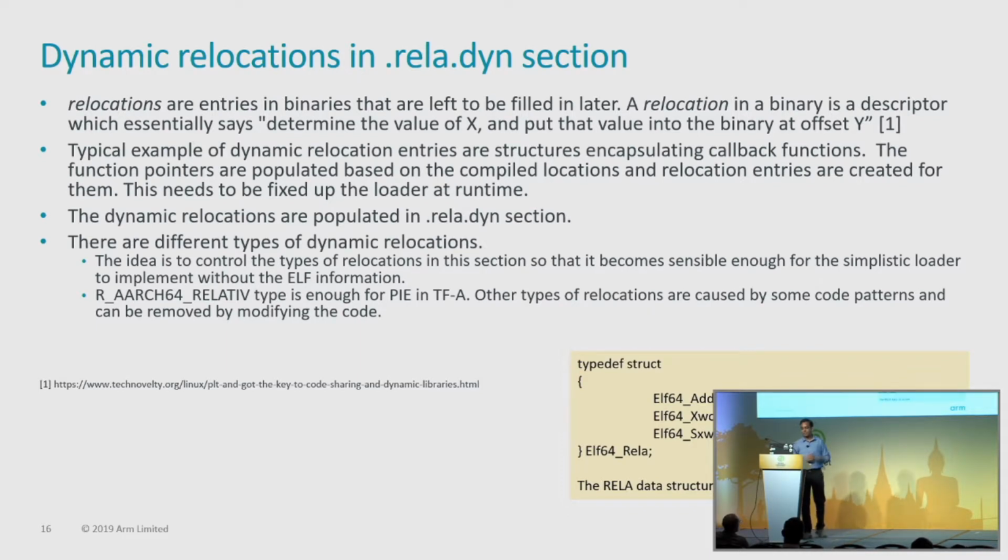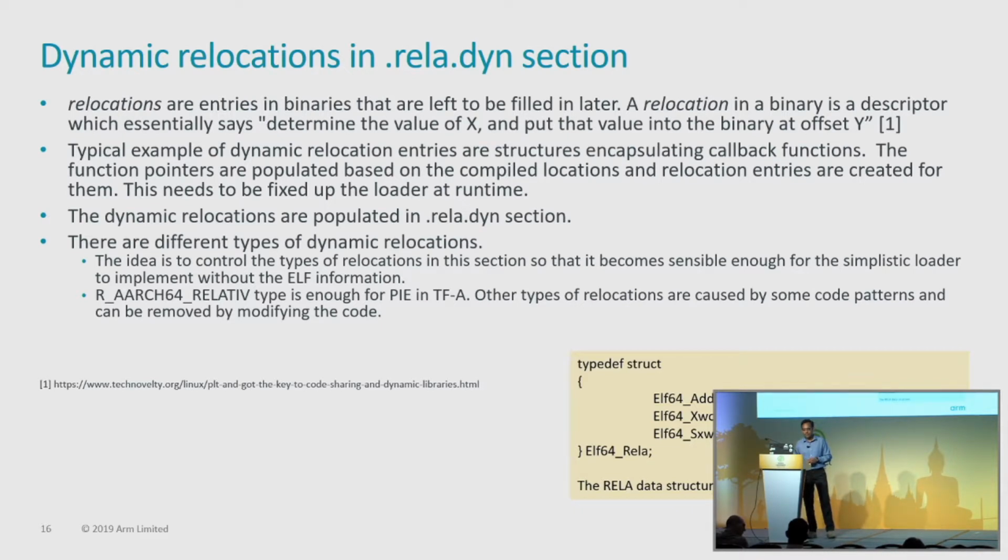The dynamic relocations are in .rela sections. If you look at the ELF64 specifications, there are several types of dynamic relocations. The idea is to control the number of types of dynamic relocation so that you can implement a simplistic, not so complicated, or small loader in the firmware.